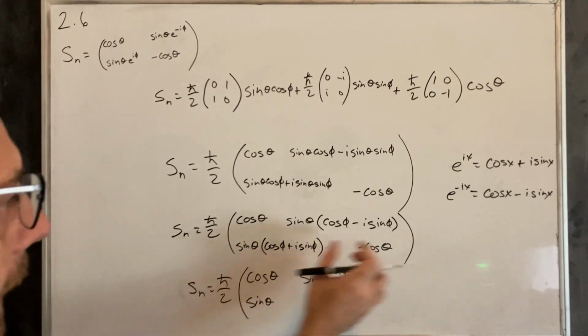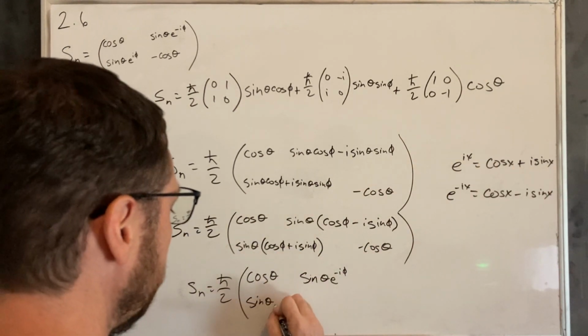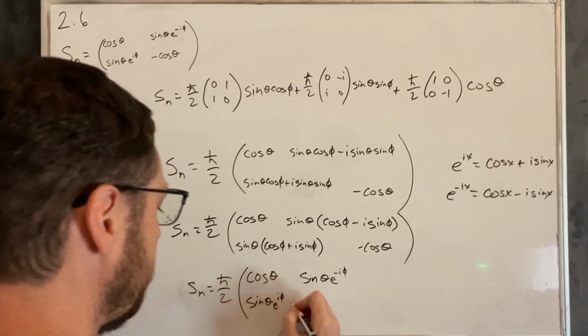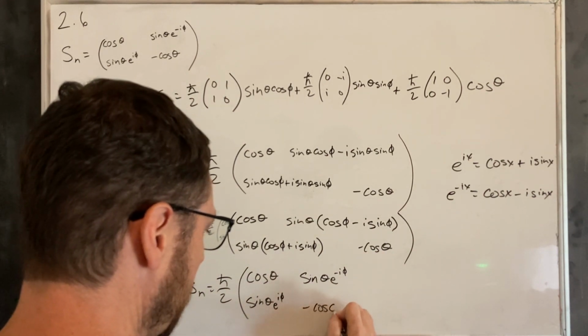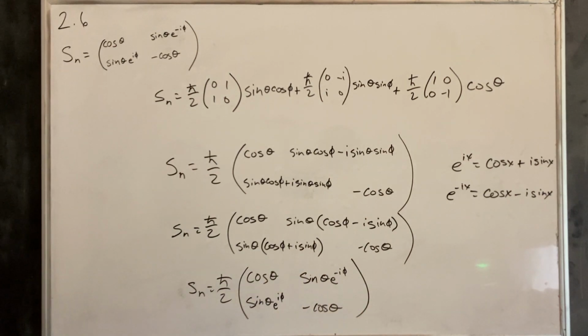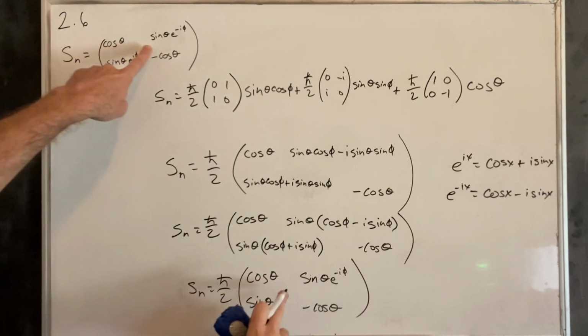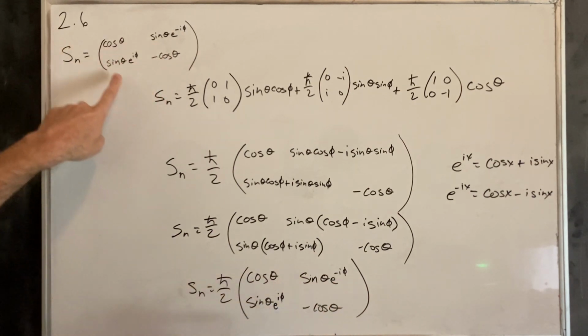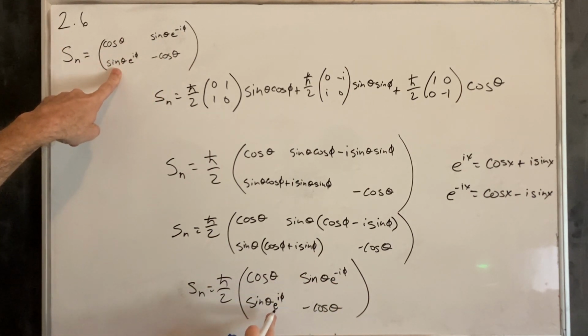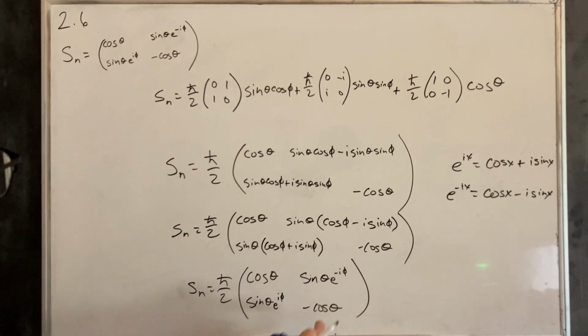And here again, we have the positive one. So we have e to the positive i phi. And then here, we have negative cosine theta. And hopefully, that matches what we have here. Cosine theta, sine theta e to the negative i phi, sine theta e to the positive i phi, and negative cosine theta. So that worked.